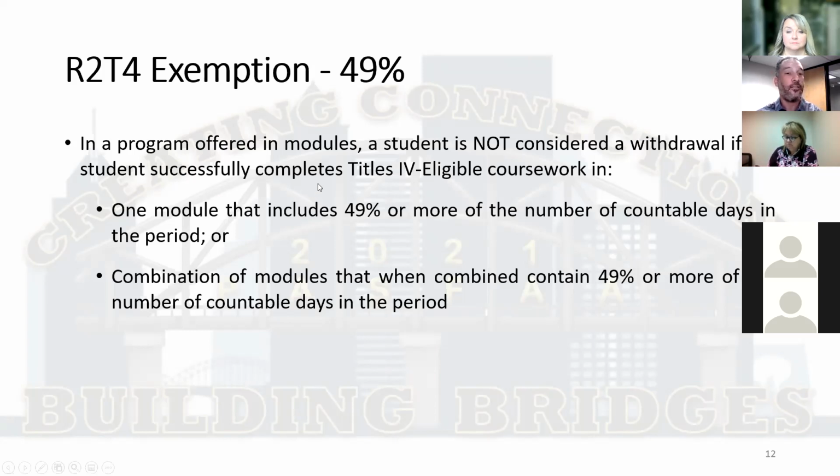The word successfully complete, what does that mean? It means earns a passing grade. And some institutions might have a stricter policy that a D is not considered passing. That means they would not be passing for one of those classes. So make sure we understand our policies and our procedures about what we consider passing.